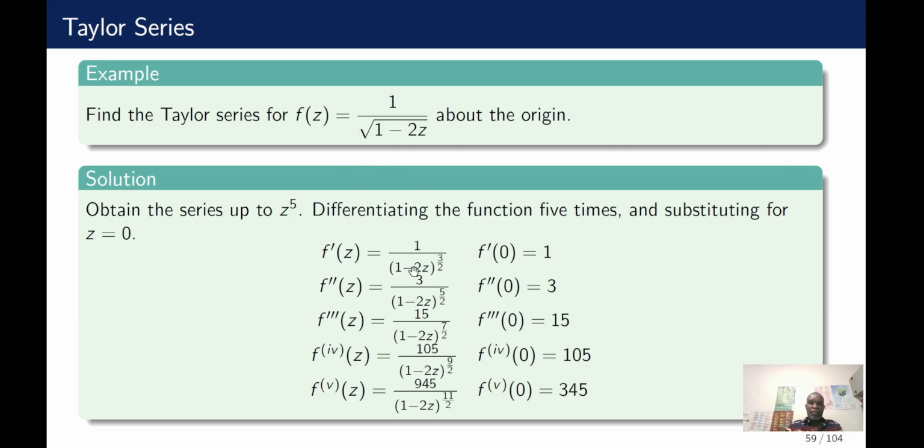The first derivative is given by that. It's 1 over (1 minus 2z) to the power 3 over 2. The second one is with 5 over 2. So what is happening in this case is that the numerators of the series are just increasing by 2.